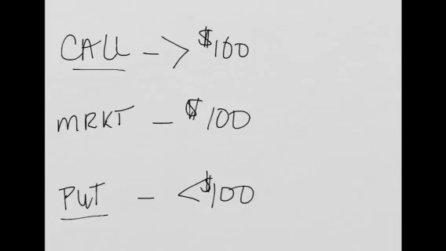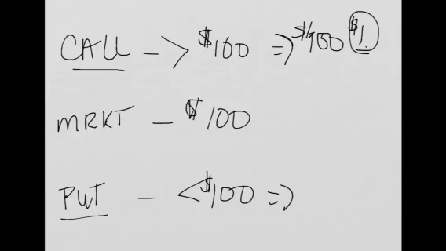Okay, and for calls and puts, there's a premium on these options. What we'll actually do is we'll sell, for an example, just a 150 call, and we might get $1 for it. That's our premium. And for an $80 put, we might get $3 for it.